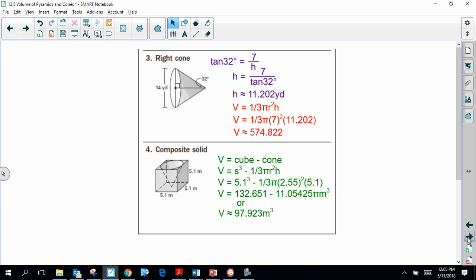The radius of the cone in this case is going to be half the length of the side, because the length of the side of the cube is the diameter of the circular base of the cone. And here the exact answer would be 132.651 minus 11.05425 pi. That is an exact answer, or the approximate volume is about 97.9 cubic meters.